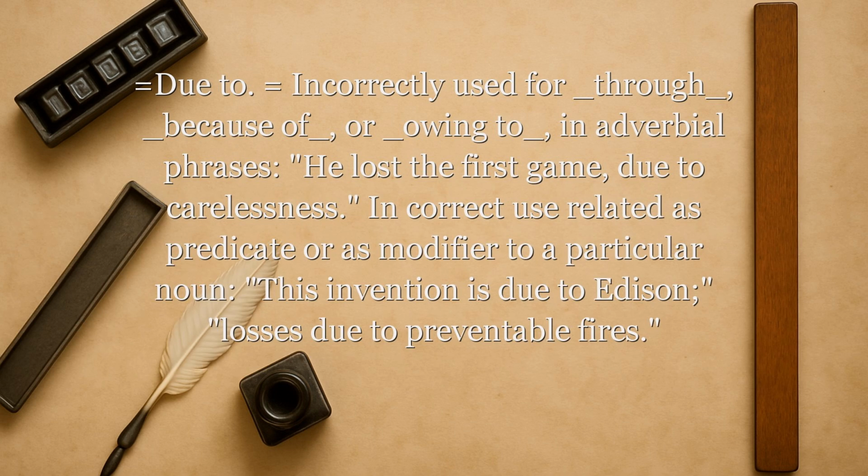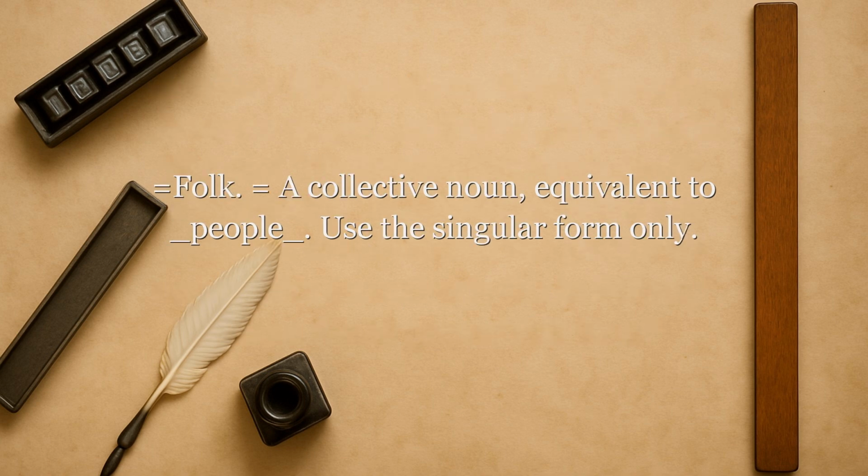He lost the first game due to carelessness. Correct use related as predicate or as modifier to a particular noun. This invention is due to Edison; losses due to preventable fires. Folks. Informal, but is a synonym, a collective noun, equivalent to people.